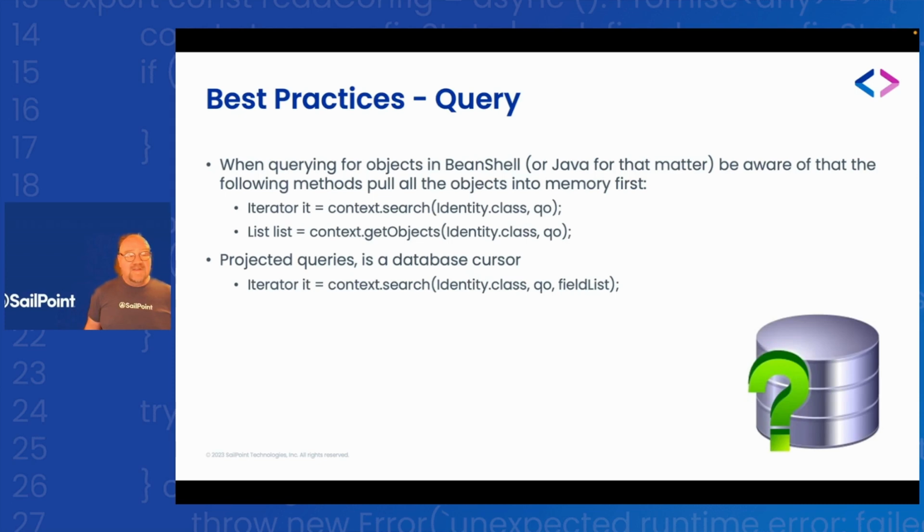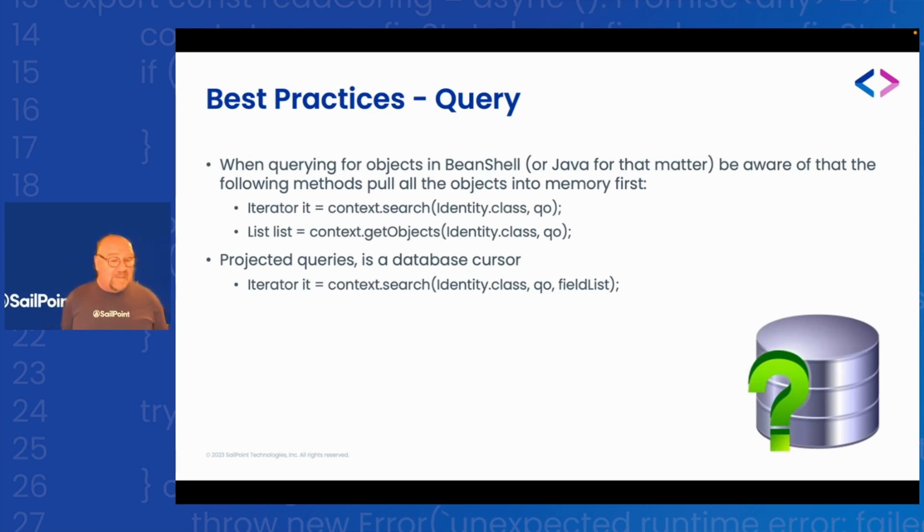So when you're doing a context.search and you're just bringing the identity class and the query options across, you're getting a list of objects back, they get hydrated into a list, and you get a list iterator, which is what you're iterating on. If you're bringing back 1,000 objects in your search, both context.search with identity class and query options, and getObjects, will use the Hibernate cache to store 1,000 objects for you to iterate over.